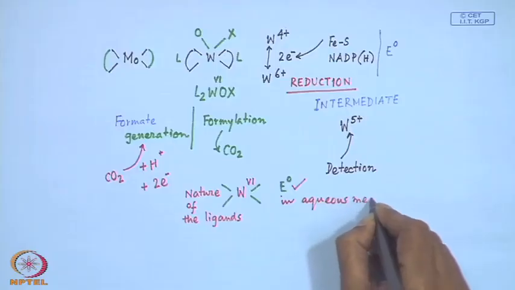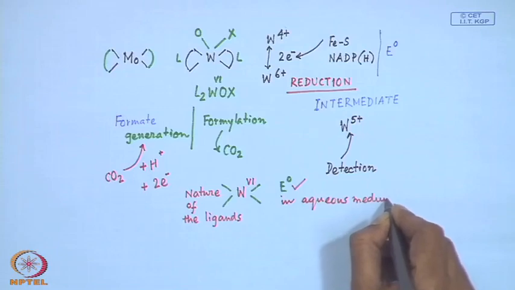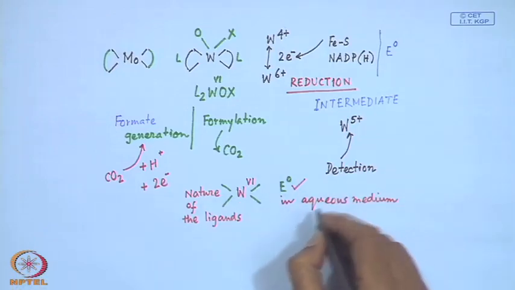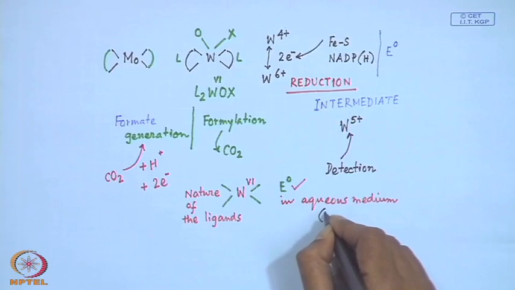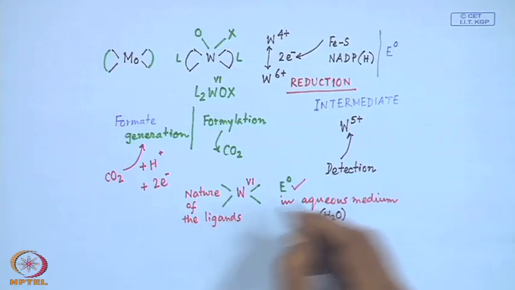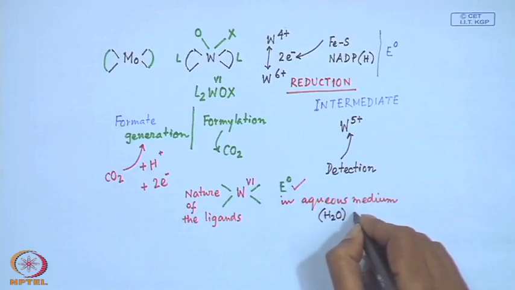So, in aqueous medium, when we are measuring by some electrochemical technique to determine the E half value, we expect that in aqueous medium there are plenty of water molecules, and the medium is also buffered.